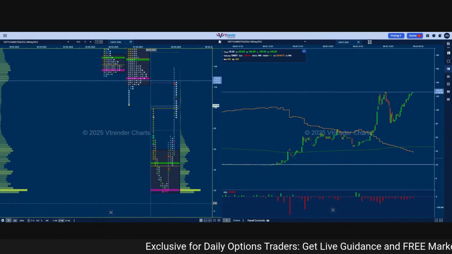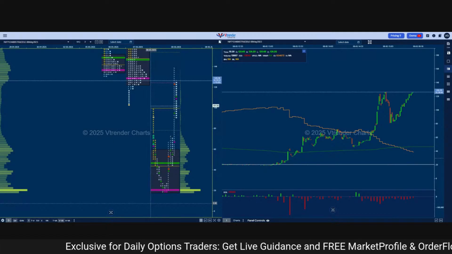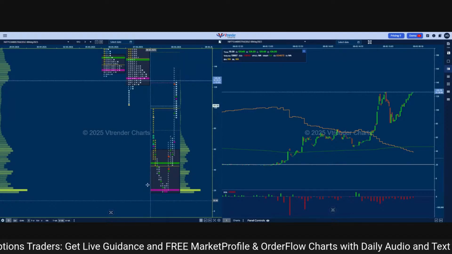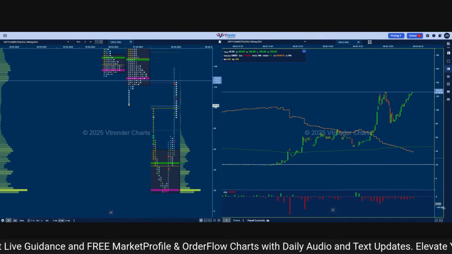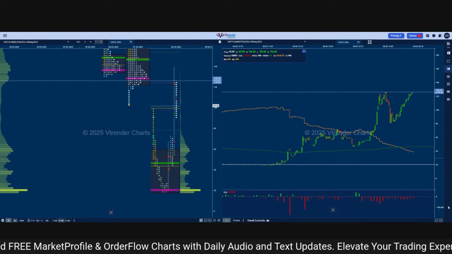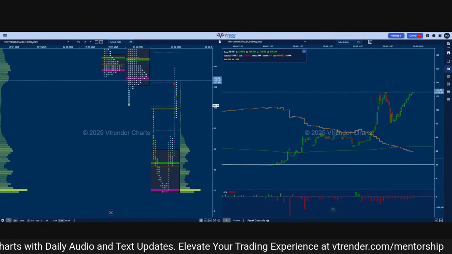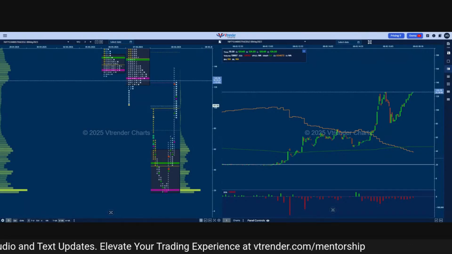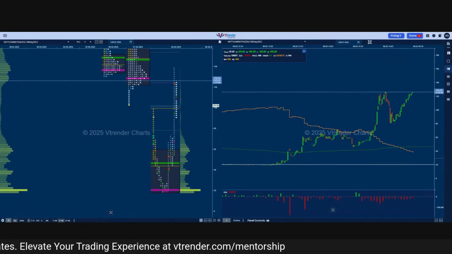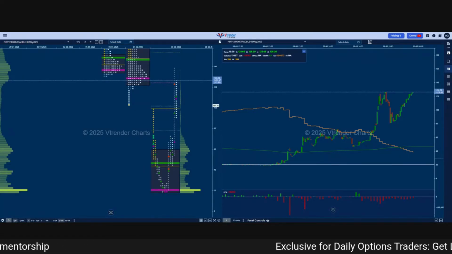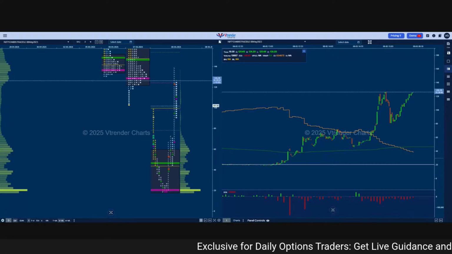So that is the reason Shai keeps mentioning that markets are changing, markets are getting faster, we need to be in sync. And what helps us to be in sync is the features, the tools which we have at our disposal. We only need to make sure we are using them all, because it has come to our notice that most of the charts users, Vtrender chart users, don't even use 30% of the features which are available, which is why we are using these sessions to educate, to show you what all is there and what all you can make use of.